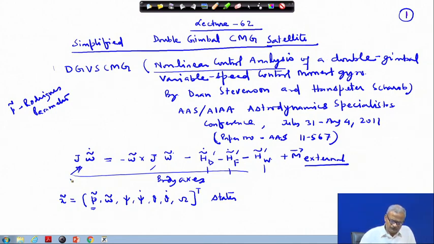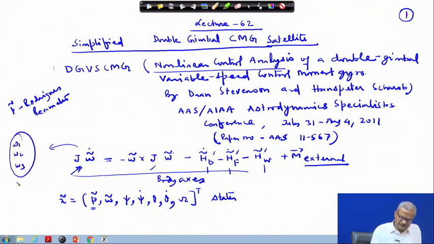From this place you get, because this is the dynamic equation, so once you integrate it you will get omega 1, omega 2, omega 3 at different time steps. This can be used to get the updated value of the quaternions or the Rodriguez parameters.